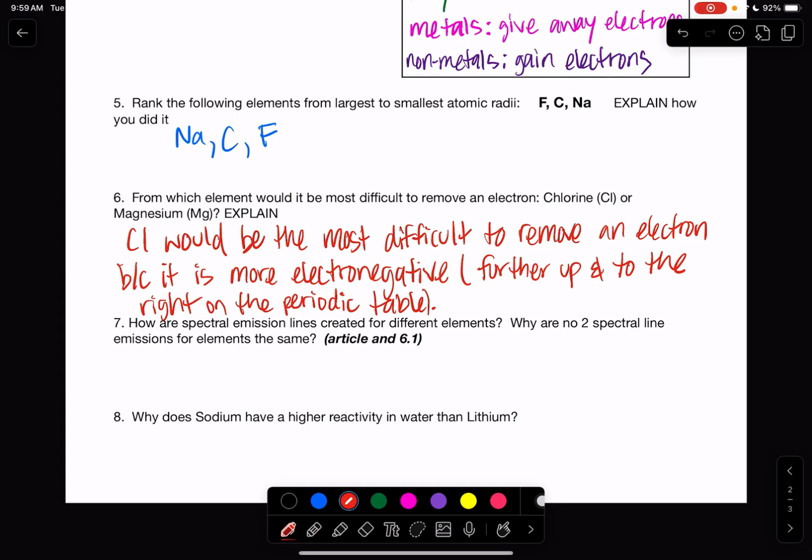And then, how are spectral emission lines created for different elements? Why are no two spectral emission lines the same?